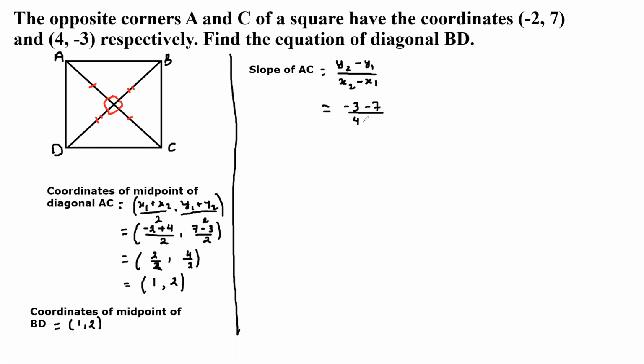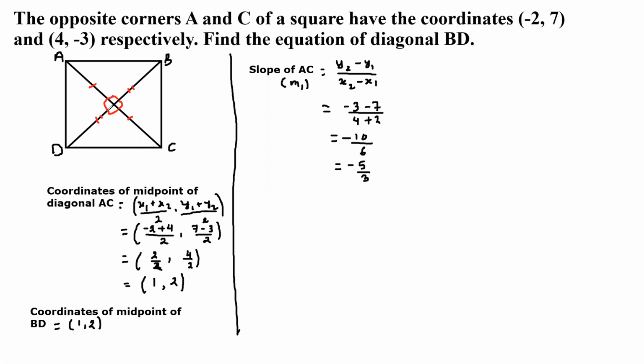Since x1 is minus 2, I can write here plus 2. So this is equal to minus 10 divided by 6. If we simplify this, it is minus 5 by 3. So here I can consider the slope of AC is m1.